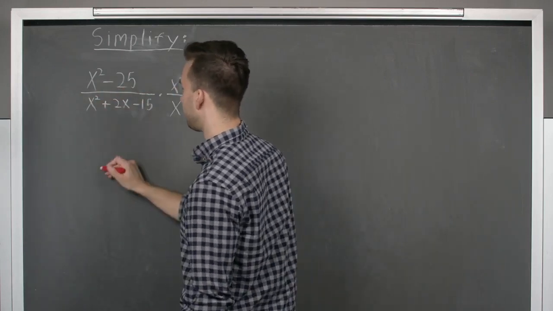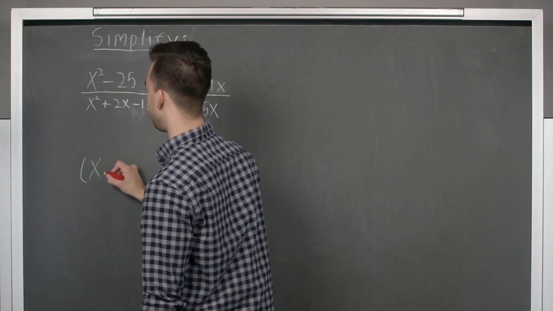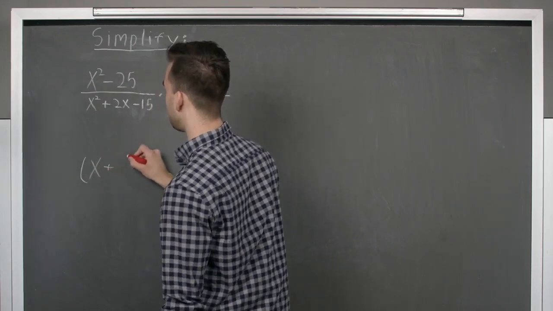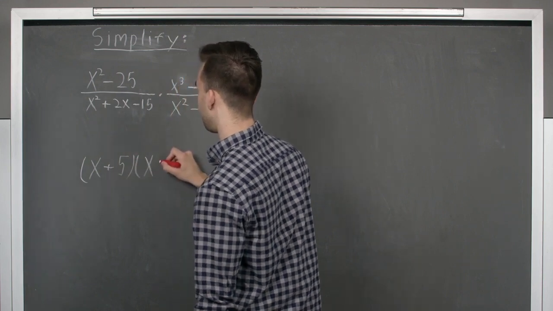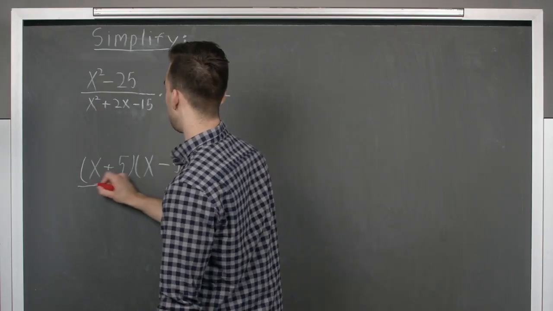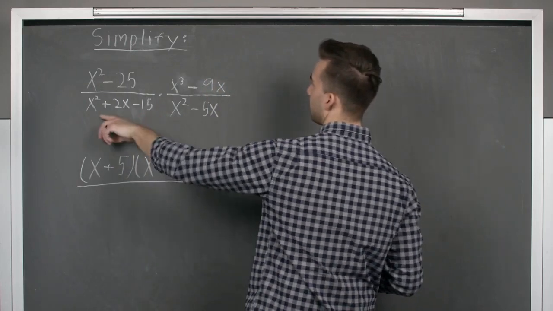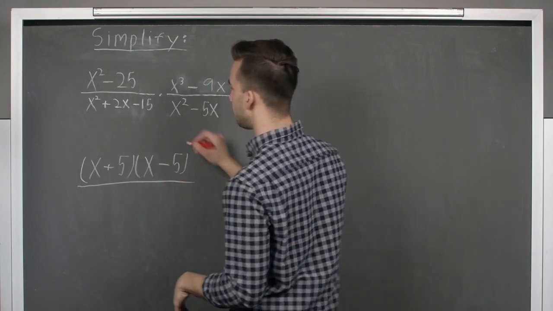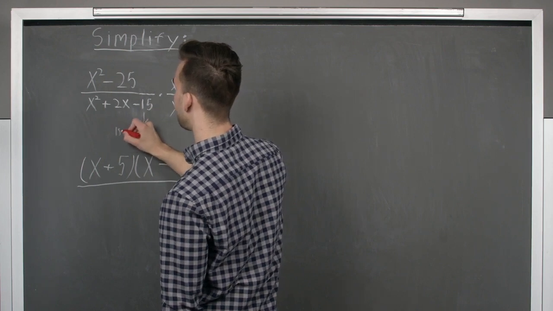So we can write the difference of squares as the square root of our first term plus the square root of our second term, times the square root of our first term minus the square root of our second term. So that's factored. And then we can factor the bottom here. So what are two factors of 15? We have 15 and 1.